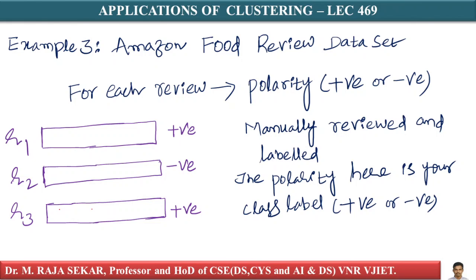Somebody gave you this data with polarity of positive or negative, which is very time consuming. Imagine if I have 1 lakh reviews, I need many people to read through each of these reviews and then assign whether it is a positive or negative review.